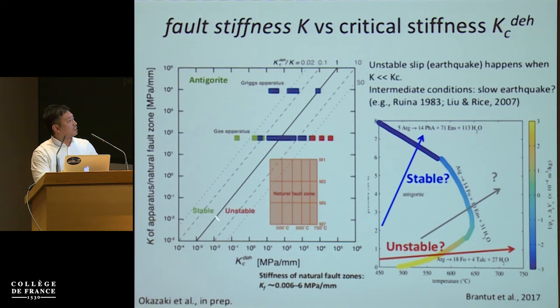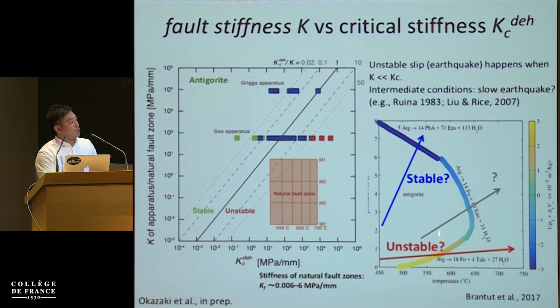So this is dehydration controlled by dehydration kinetics and sliding speed, or background strain rate. Kinetics depends totally on temperature. If we have high temperature, the dehydration reaction goes faster. This is a pressure and temperature figure, and this is the stability boundary of antigorite.